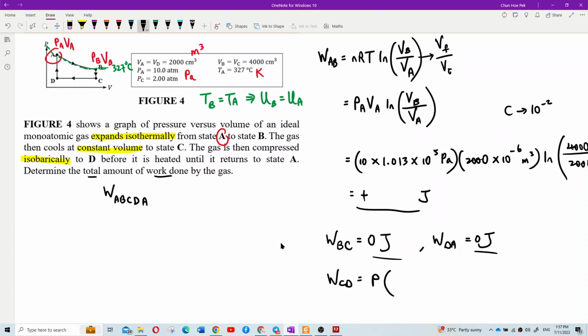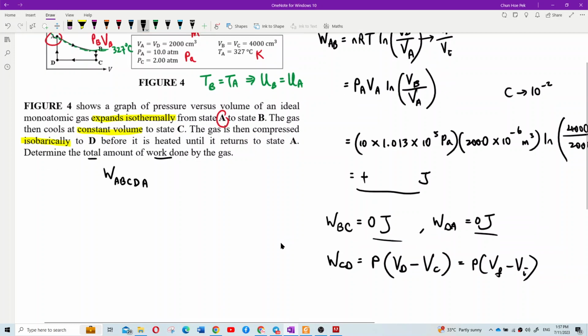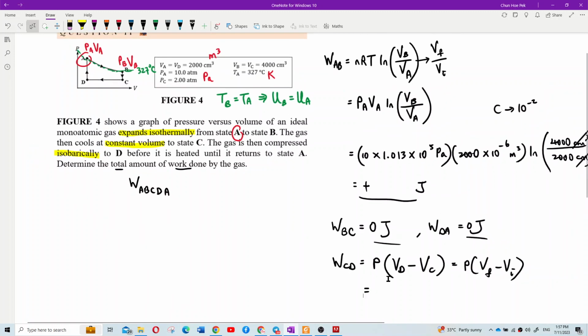Only the volume changes and temperature. So final is D. So must use final minus initial. It's final minus initial, also need to change to meter cube. Don't use cm cube.